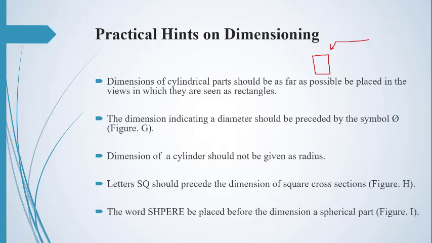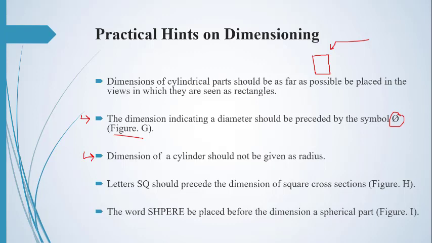The dimensions indicating a diameter should be preceded by the symbol phi.